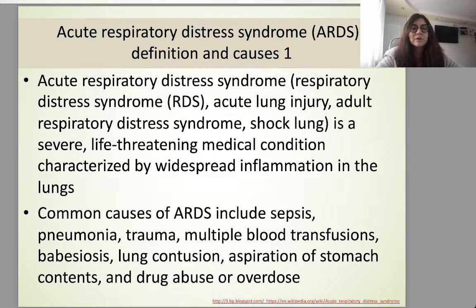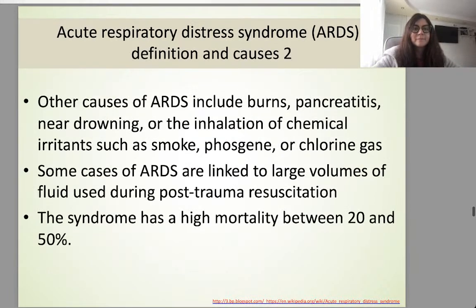Common causes of acute respiratory distress syndrome include sepsis, pneumonia, trauma, multiple blood transfusions, babesiosis, lung contusion, aspiration of stomach contents, and drug abuse or overdose. Other causes include burns, pancreatitis, near drowning, or the inhalation of chemical irritants such as smoke, phosgene, or chlorine gas.